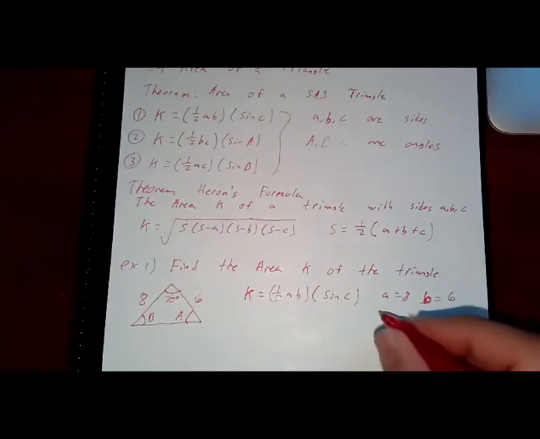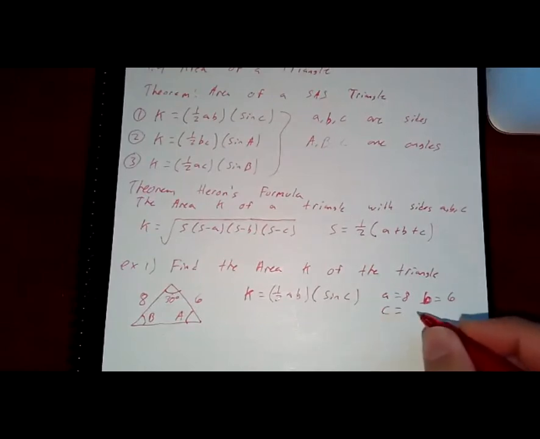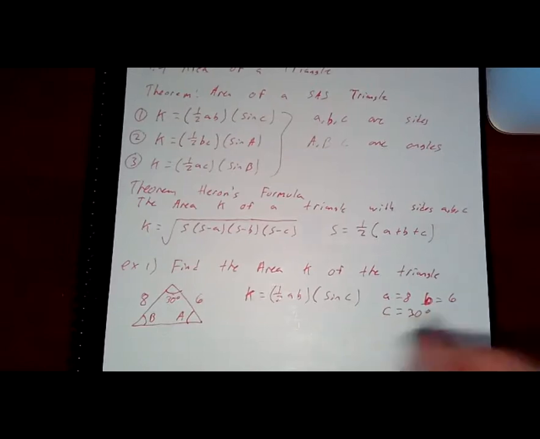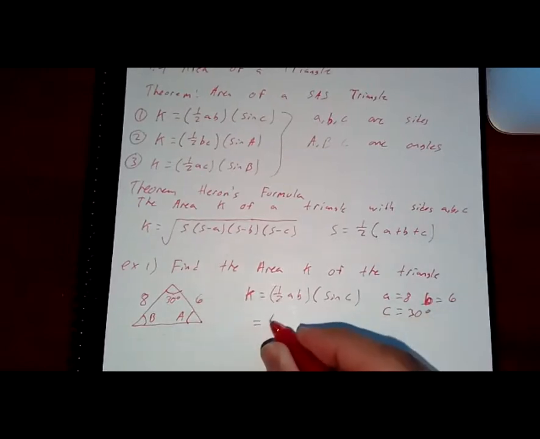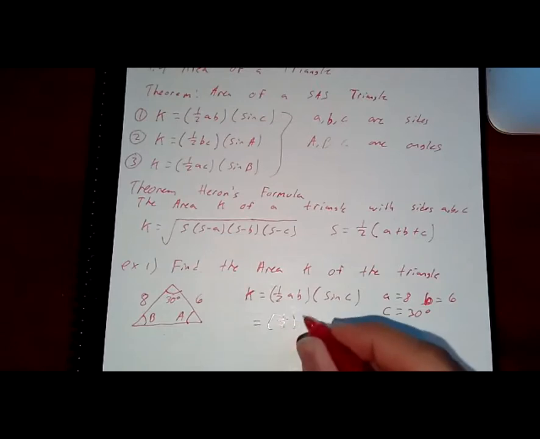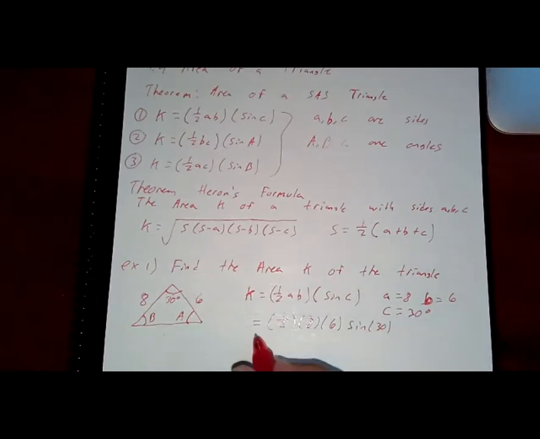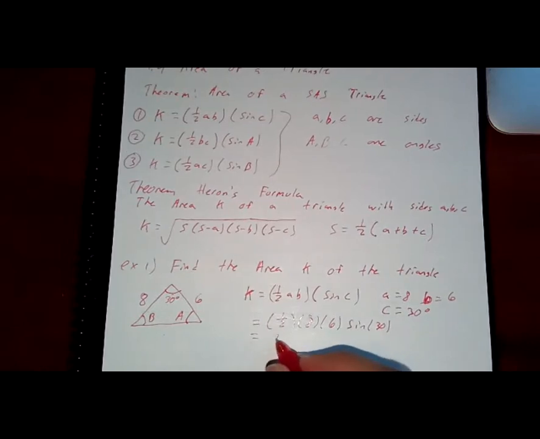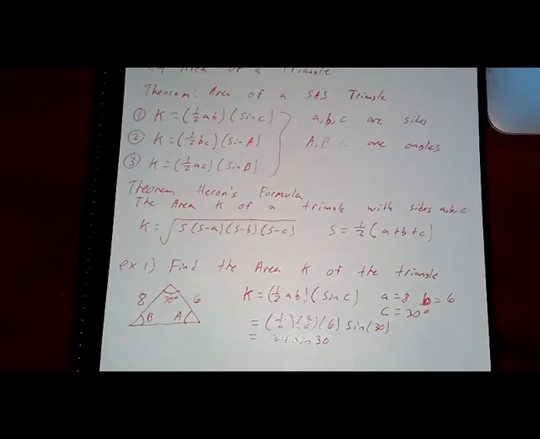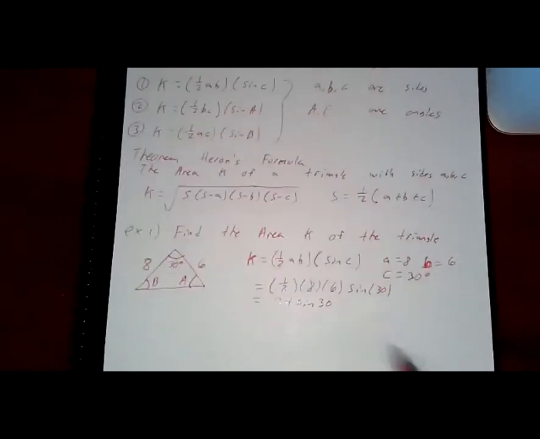Angle C is 30 degrees. So this will become 1/2 times 8 times 6 times sine of 30. So that'll be 24 sine 30.